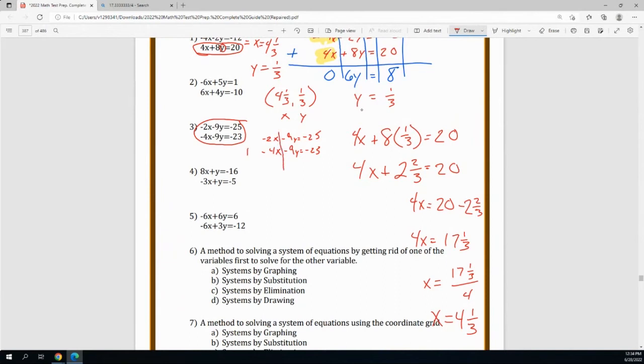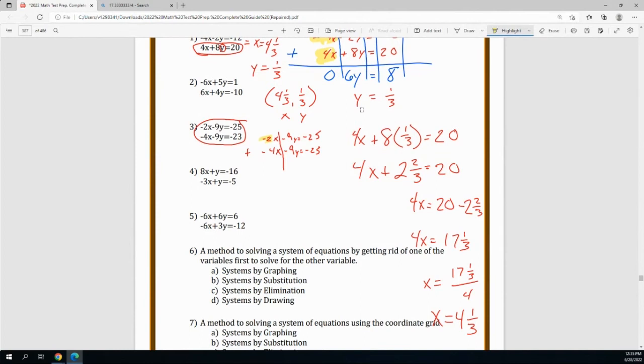Now, you'll notice that if I just try adding them together, it won't eliminate them, right? Like -2 plus -4 is going to give me a -6. That's not eliminating it. So what I want to do is create a situation where they cancel each other out. What that situation is, I want to change this -2 here to be a +4, right?